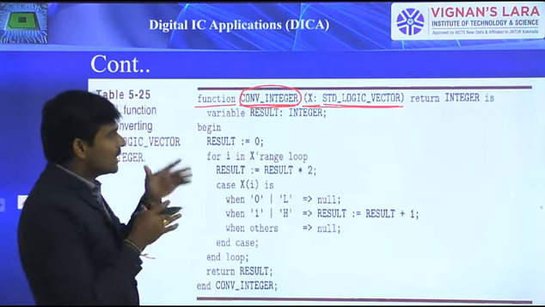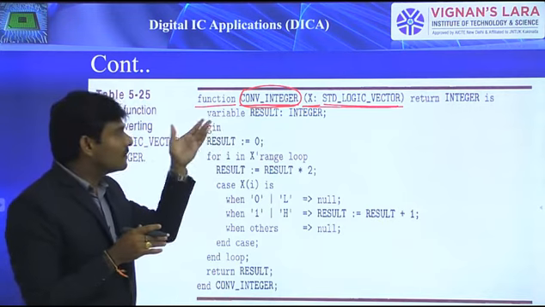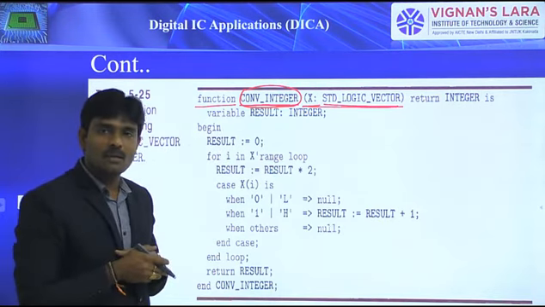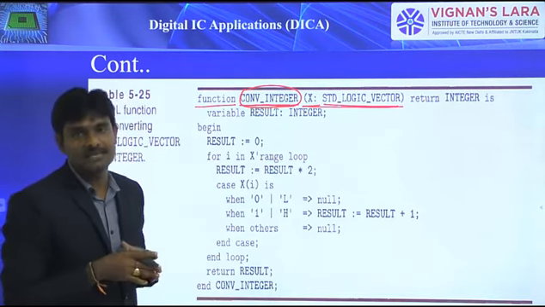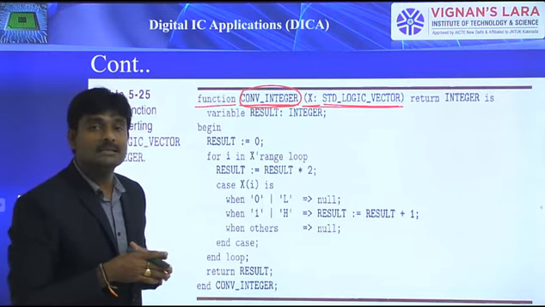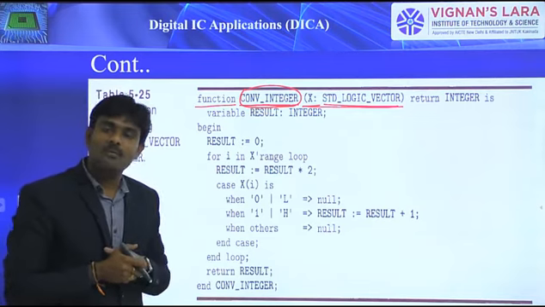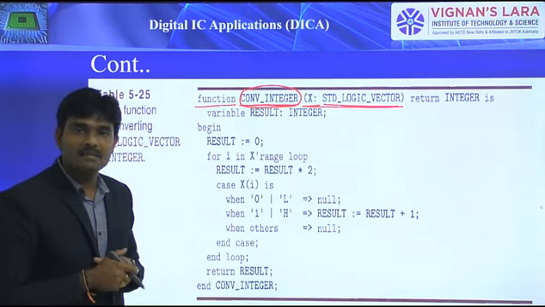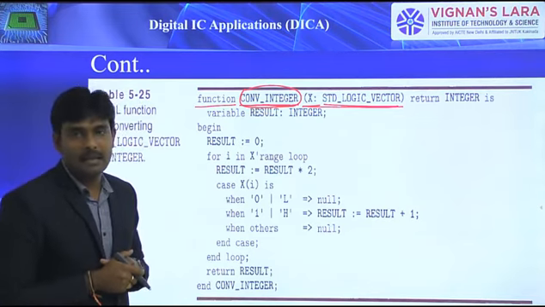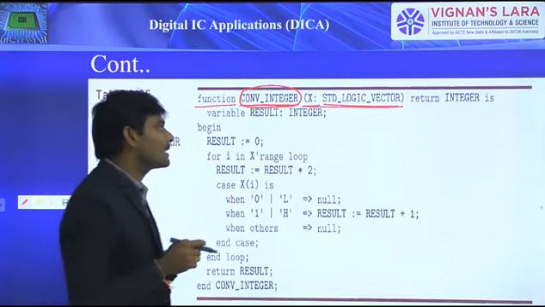That is the advantage: if you declare std_logic_vector, there is no need to describe the size. It is an unconstrained array. Remember that technical term.